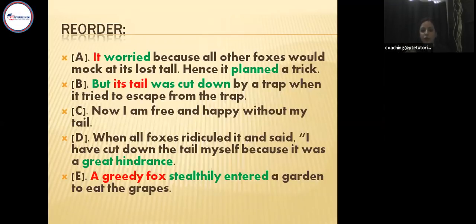Planned was when all foxes ridiculed it, and it said, I have cut down the tail by myself because it was a great hindrance. Now I'm free and happy without my tail. So the correct order is E, B, A, D, C.